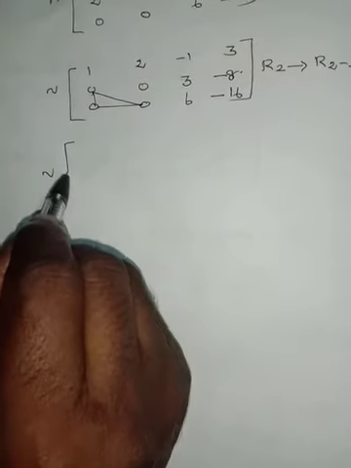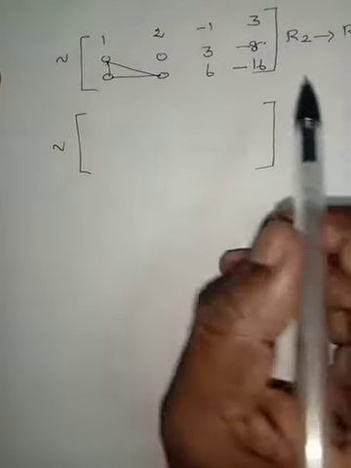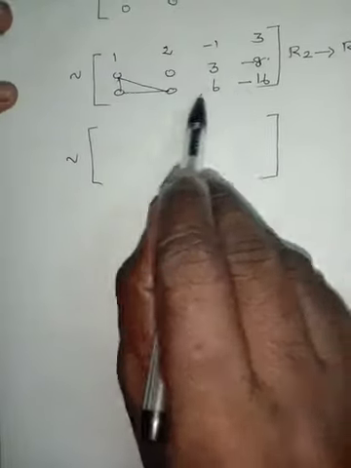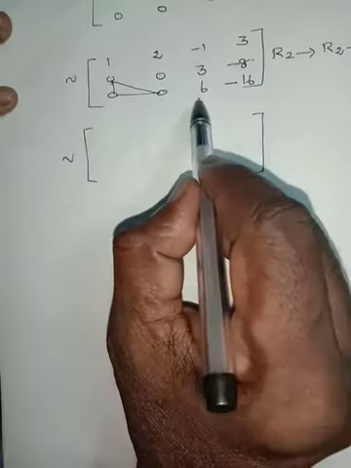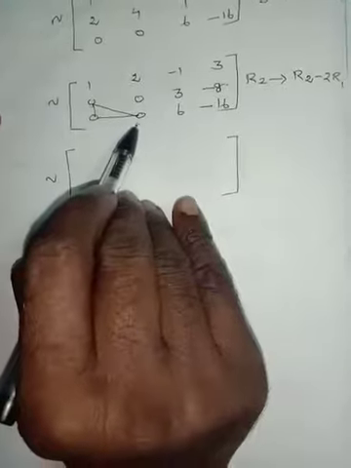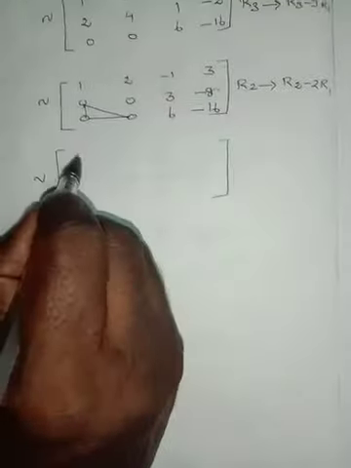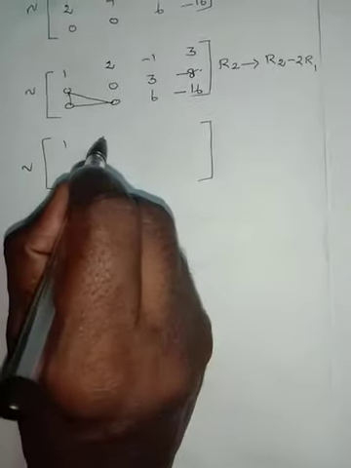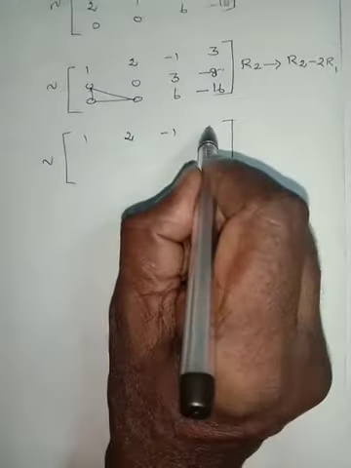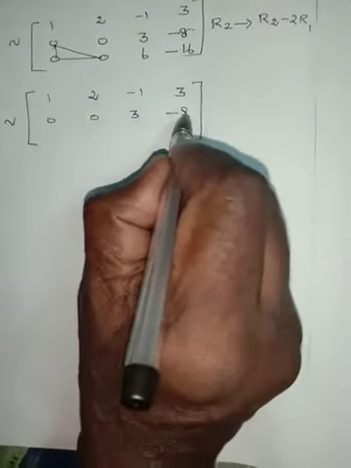Next, we take the third row. If the remaining elements are 0, then the rank will be 2. Here, the remaining elements 6 and minus 16 need to become 0. Using the rule: 1, 2, minus 1, 3. Next 0, 0, 3, minus 8.